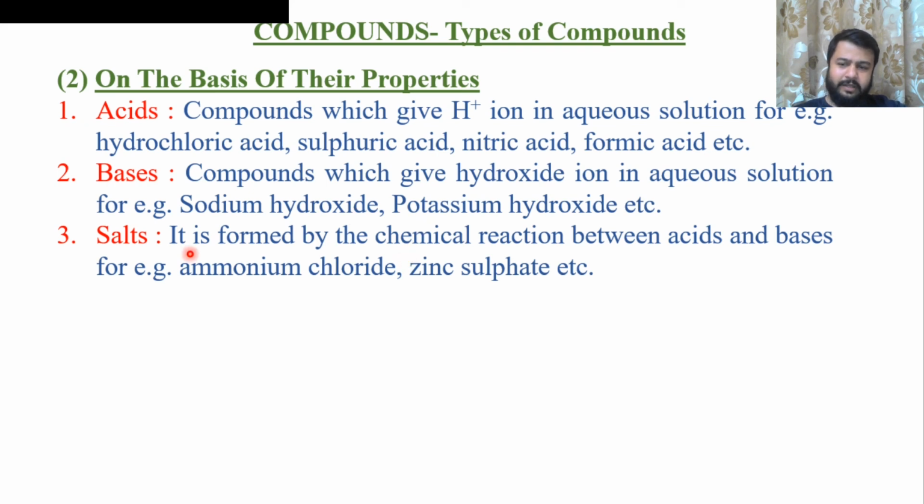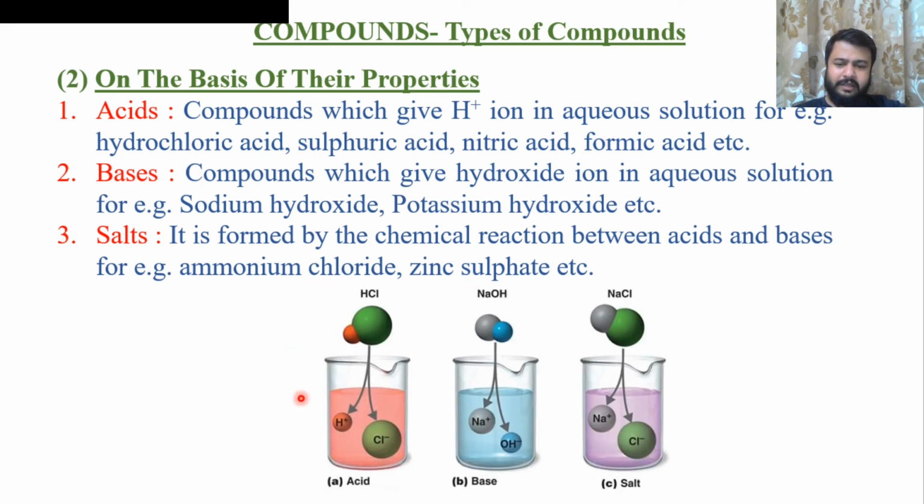There are so many examples of bases. Then we have salt. Whenever acid and base combine together, they form salt. For example, ammonium chloride, zinc sulfate, these are salts. You can clearly see in this figure, HCl is an acid. Sodium hydroxide, NaOH, is a base. Whenever HCl and NaOH react with each other, they form NaCl, that is sodium chloride, plus water.